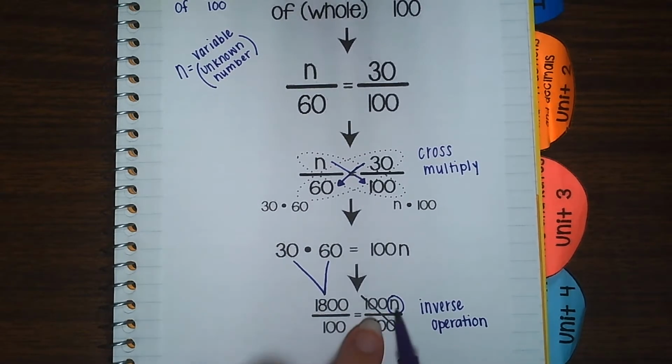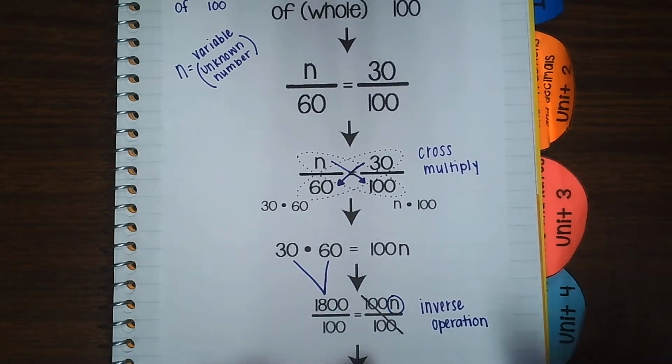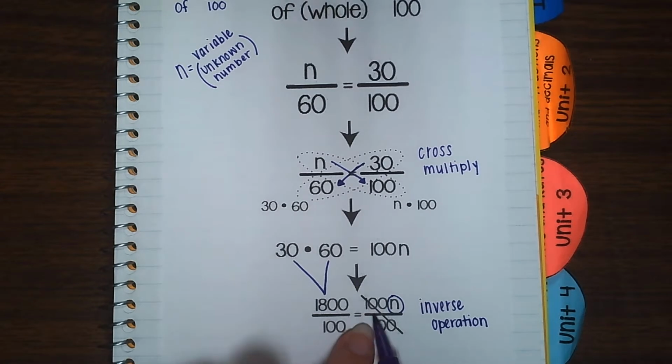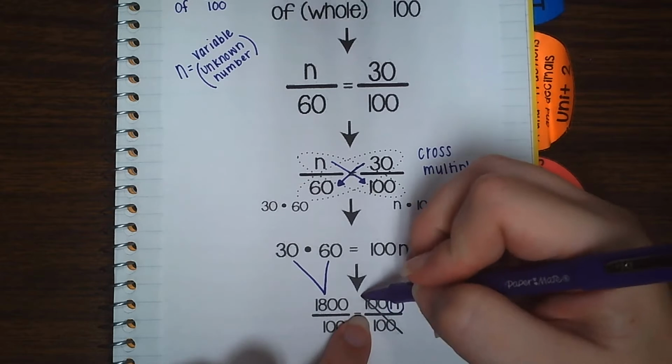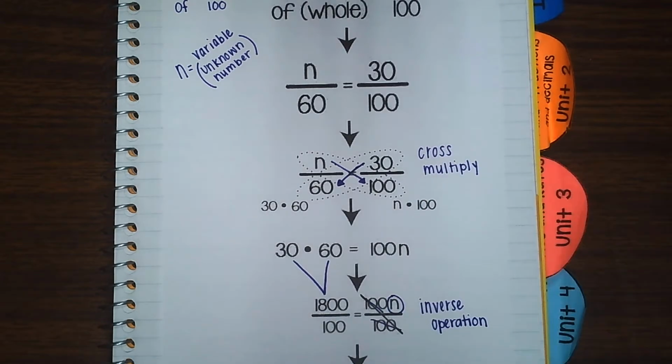The inverse of multiplication is division, and that's what they're doing. They've taken this line, which means to divide, and they've divided it by 100. That would get rid of my 100. This 100 would cross out with this 100 and leave me with just n.